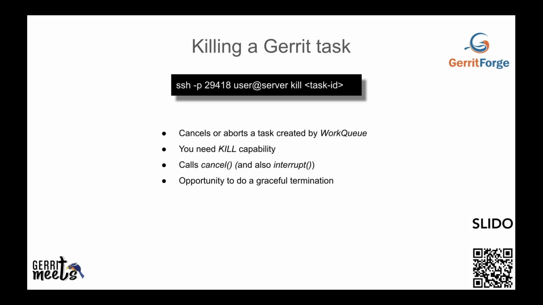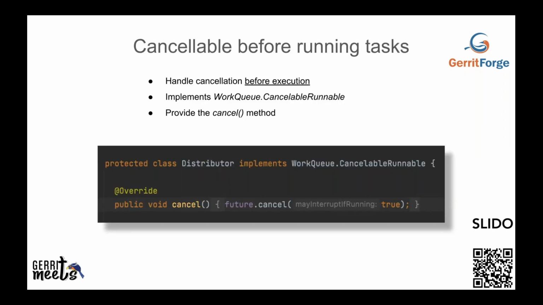clean up after itself. In order to understand exactly what's cancelable, what's not cancelable, the implementation of the task can provide a cancel method by implementing a cancelable runnable interface that you will see in Gerrit. When you do that, you give your task the ability to handle a cancellation before the task gets executed.